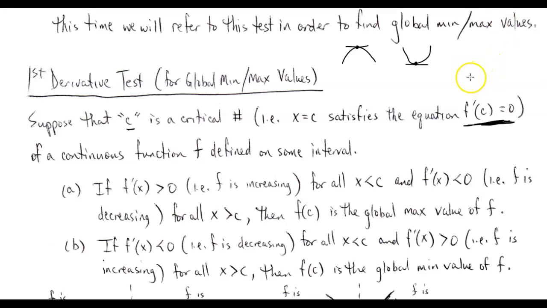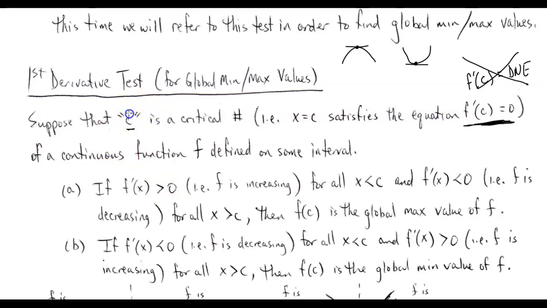Remember, for a critical value, the other situation is the value of c that we plug into the derivative, and we'll get the does not exist case. Normally, if we're modeling something where we have a corner or a cusp, we'll end up with a situation like that, but none of our problems here will be that way. So we won't be worried about this version of the critical value.